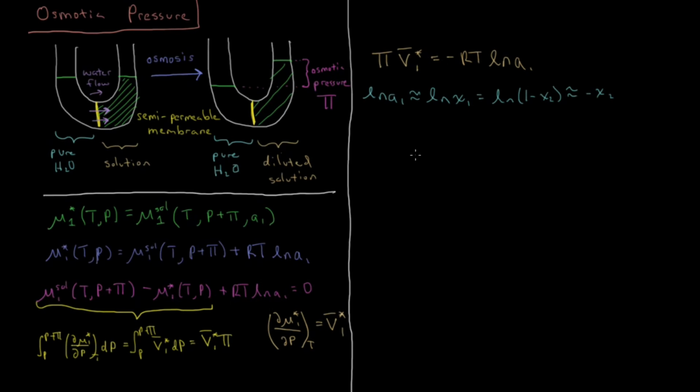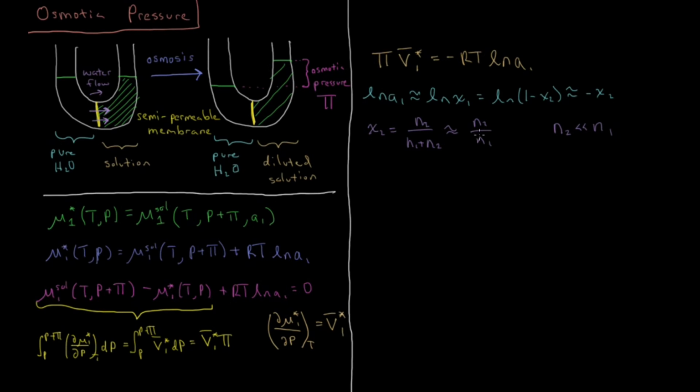And we know that our mole fraction here, chi2, is equal to the number of moles of solute divided by the number of moles of water plus solute. But if N2 is much smaller than N1, so it's a dilute solution, then this is approximately N2 over N1, because N1 plus N2 is approximately equal to N1 if N1 is much greater.